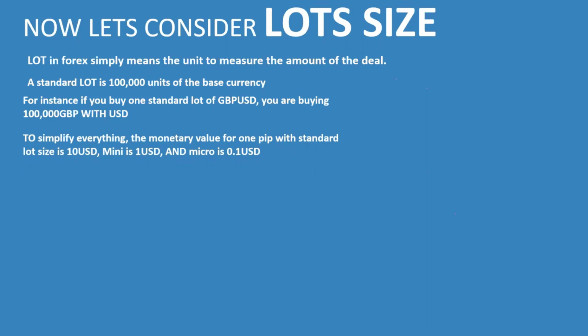We have done the mathematical aspect and we are getting this result. The mini lot size is $1, and then the micro lot size is $0.1.